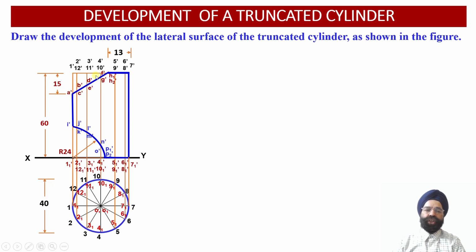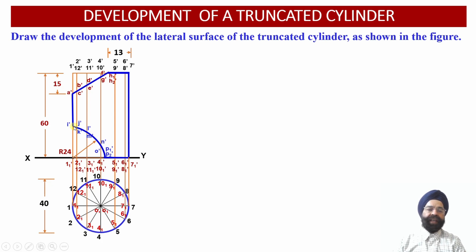Now we can check that this auxiliary inclined plane has intersected with different vertical generators and the 2 points corresponding to the top face of this right cylinder. So a total of 9 points of intersection have been obtained for this auxiliary inclined plane with respect to the right cylinder.